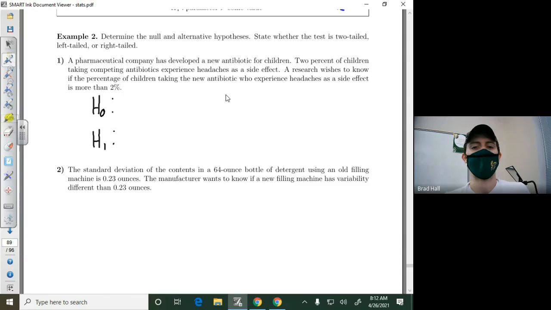Now, one thing we need to ask is, in fact, I'm going to ask you all this. What population parameter is being tested here? Anyone want to give this a shot? Children. Well, parameter means mean, standard deviation, any of the population parameters.